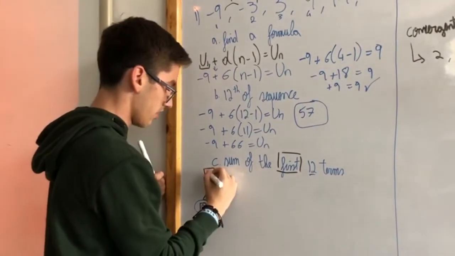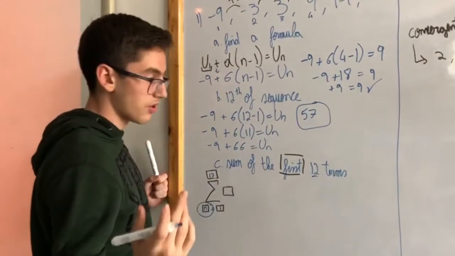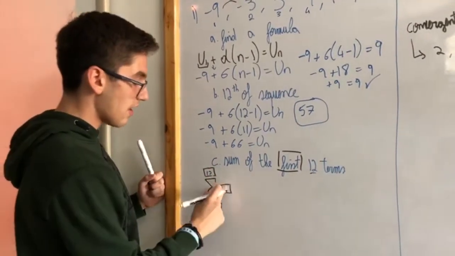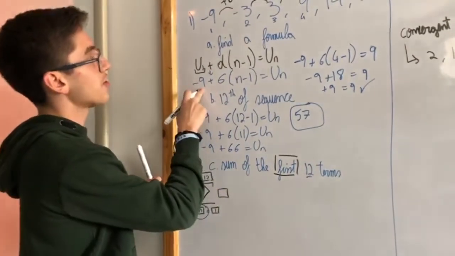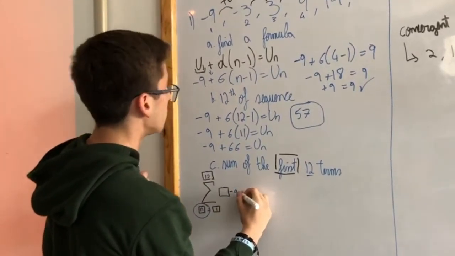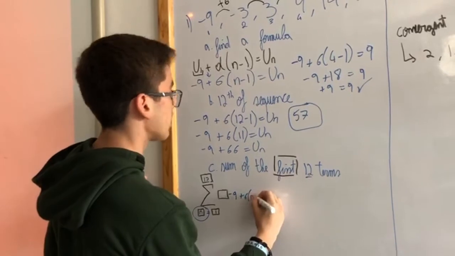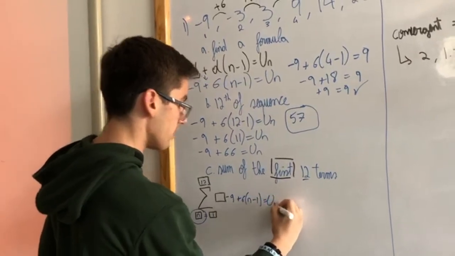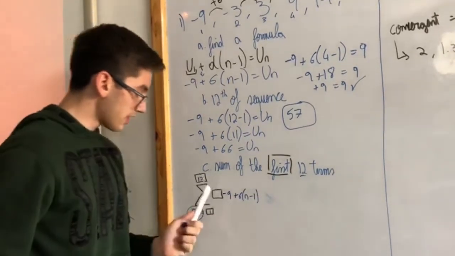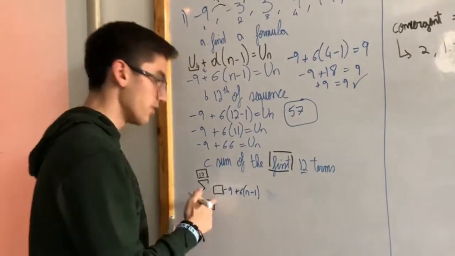So it's just 12. If I wanted to find the sum of the first 100 terms, it would be 100 here. And then in this box, it's just the formula that you created in part A. So it's just -9 plus 6(n minus 1) equals un. Yeah, sorry, just put that in. So if you put this into your calculator, it will give you the sum of the sequence.